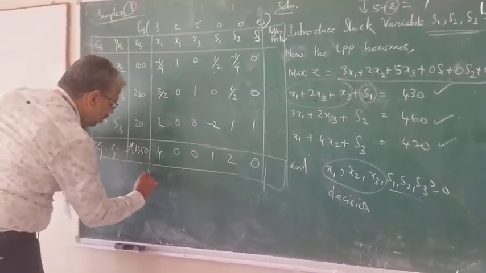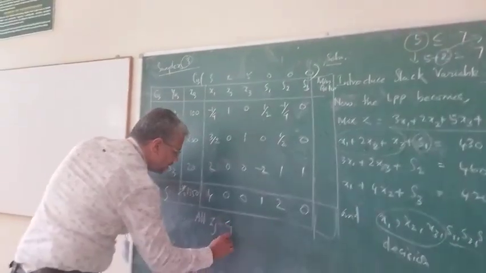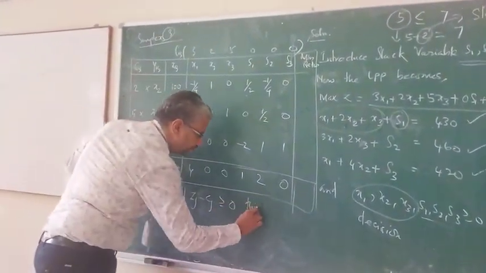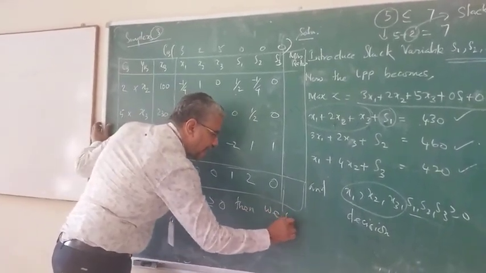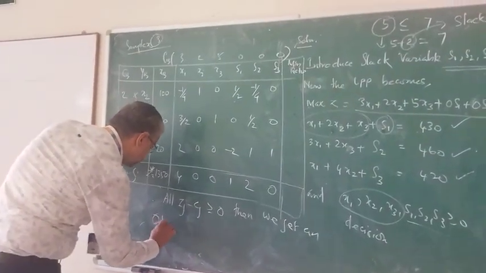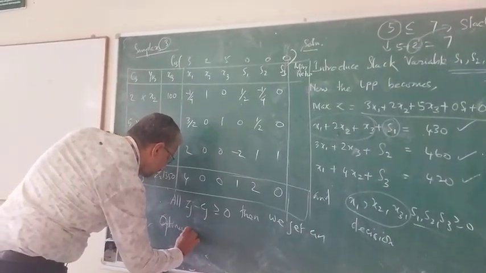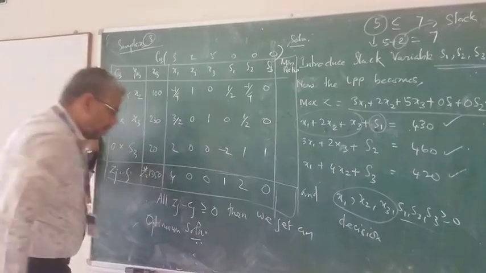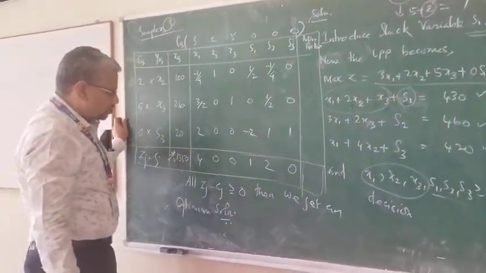So if all Zj minus Cj are greater than or equal to 0, then we get an optimum solution. What is the optimum solution? The solution is maximized by the simplex method. It's called the optimum solution.